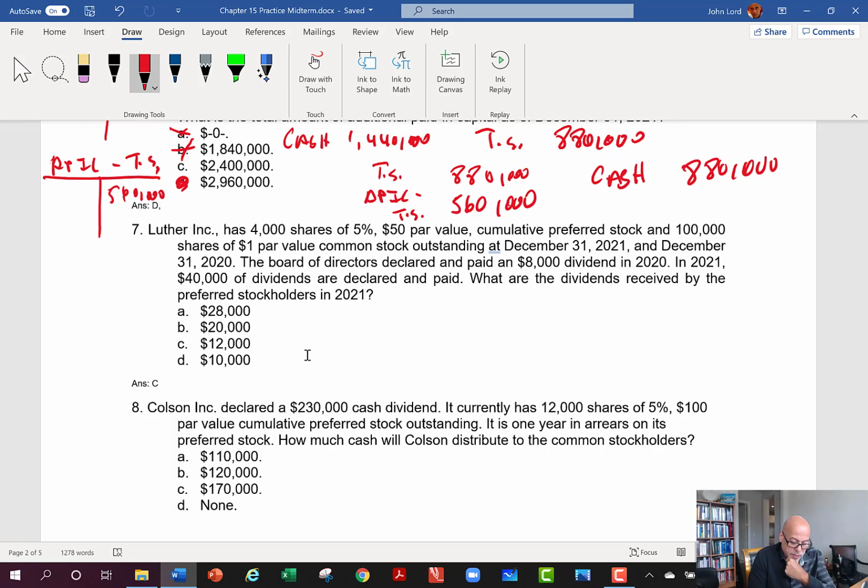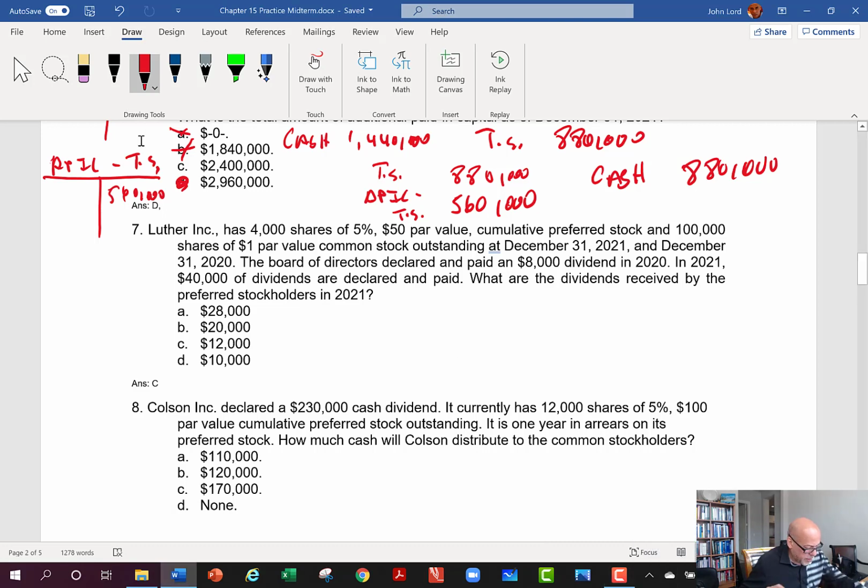The board of directors declared a dividend of 8,000 in 2020. In 2021, 40,000 of dividends are declared and paid, and they want to know what is the amount of dividends that should be received by the preferred shareholders in 2021.